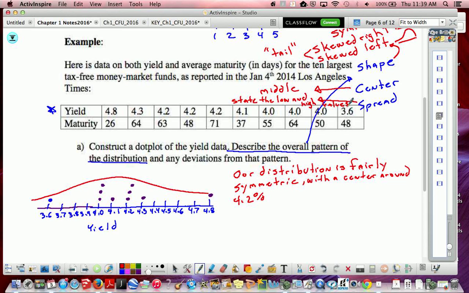So right now we're saying our distribution is fairly symmetric with a center around 4.2 and a spread going from 3.6% to 4.8%.